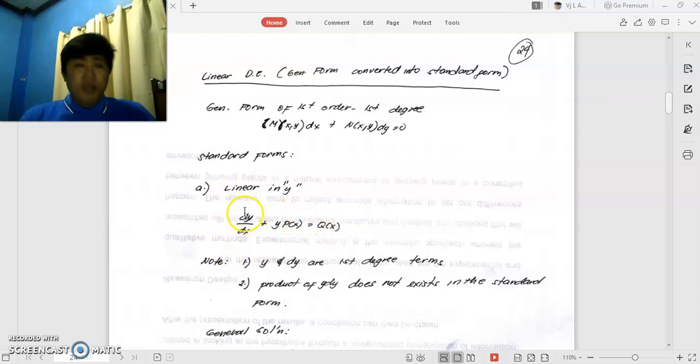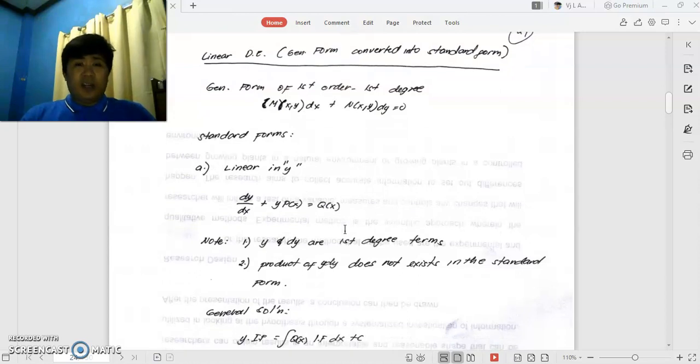Meaning you will have your dy and dx at the leftmost, plus you need to have your y, and the remaining here will be your P of x, and on the other side is your Q of x. These are the things you need to remember when you are doing linear differential equation.